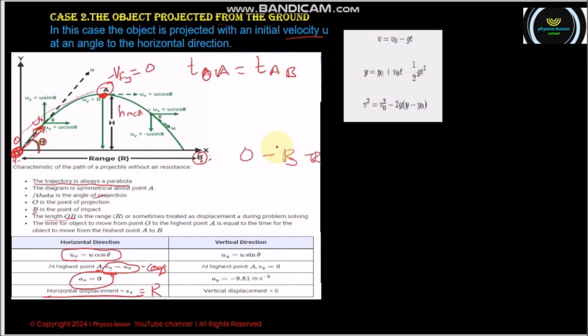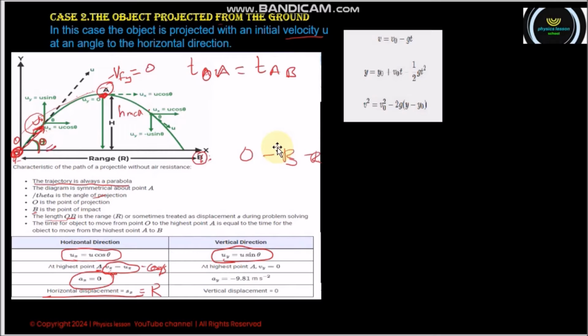The initial velocity across y is equal to u times sine theta. U means the initial velocity that we already have at this point, and theta is the angle.